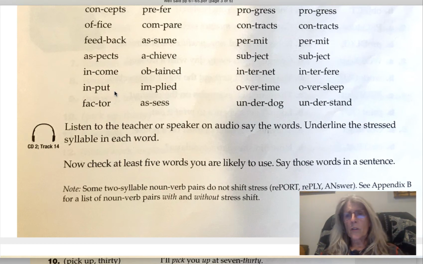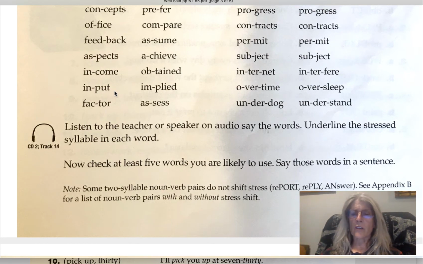Here's my report. Report to that teacher. No change in stress. I'm going to reply to her, okay? Did you get a reply? So there's no change in stress. So whether you're using the noun or the verb, some do not change stress. Answer me. Did you get an answer? Okay, same stress on the first syllable on that one.